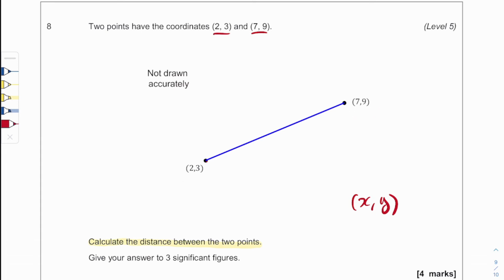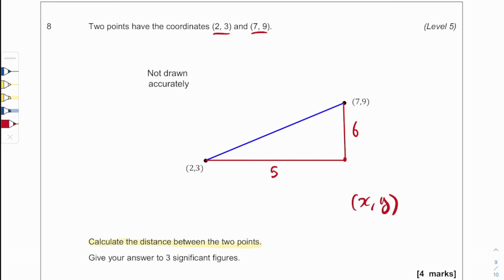So that means that if we go along the x, the horizontal distance to this point here, this is going to be 7 take away 2, so it's going to be 5 units. We can do the same thing for our vertical, in other words our y coordinate. So we've got 9 and 3, so our 9 take away 3 gives us 6, and again the 9 and the 3 are here in our coordinates for the y coordinate.